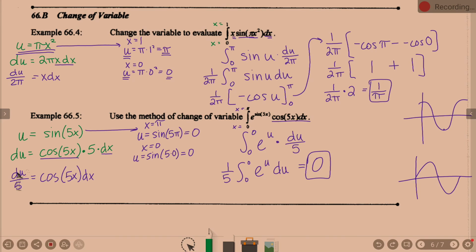I saw some of you writing it down. I have a note here in mine. When upper and lower limits are equal, the integral equals 0.